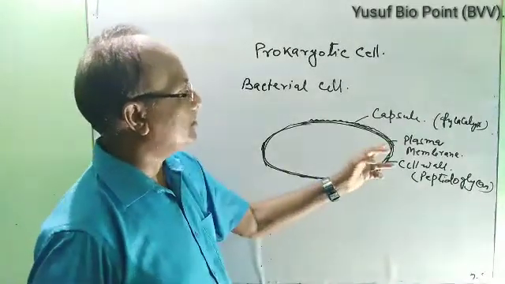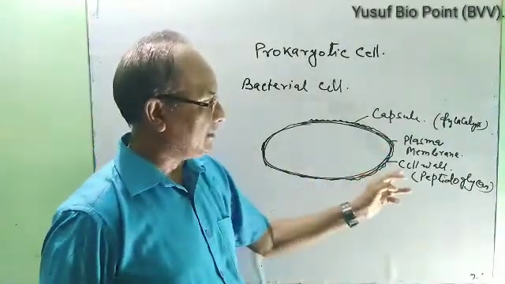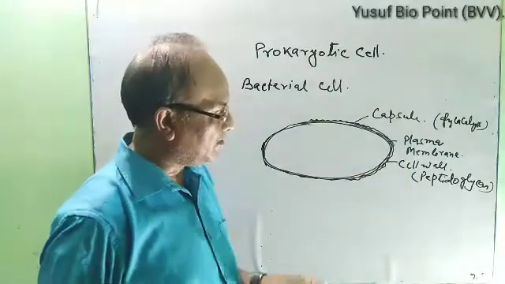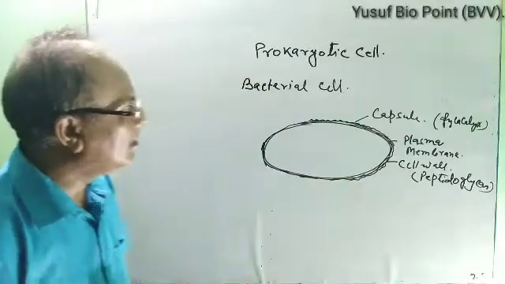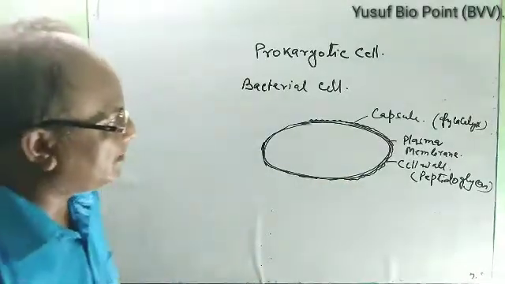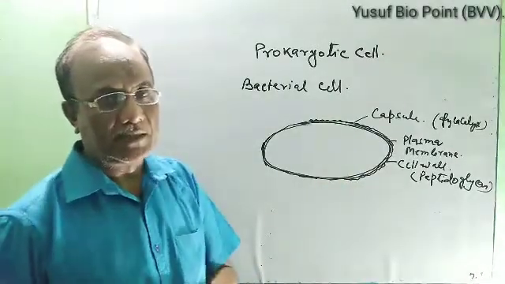First one is plasma membrane. Above that the cell wall made of peptidoglycan, and above that the capsule is found, in some cases.